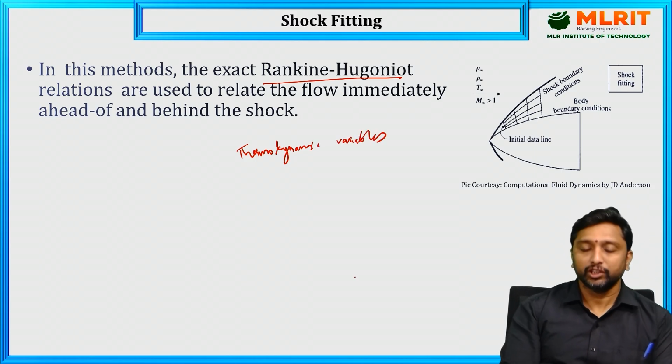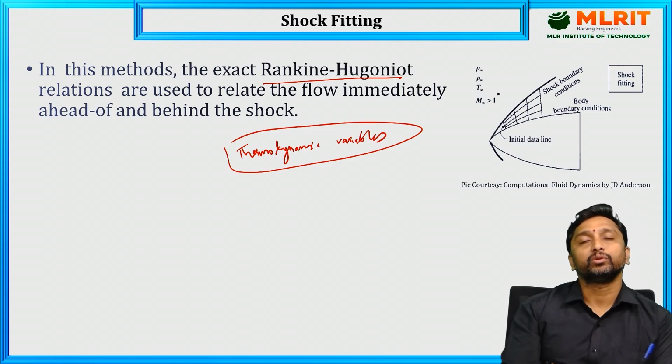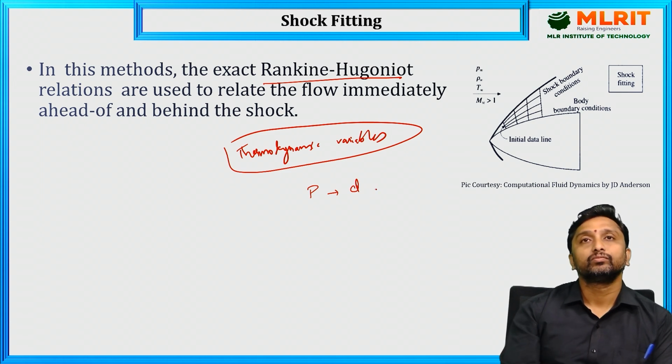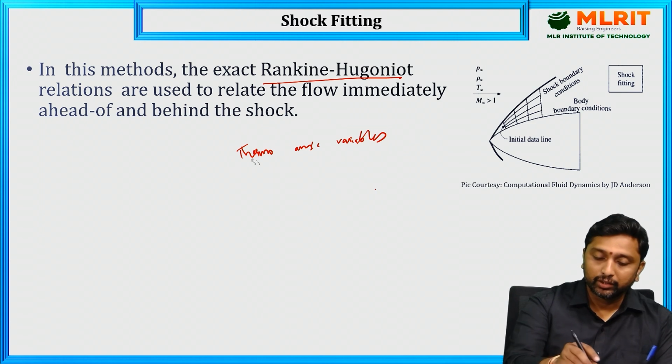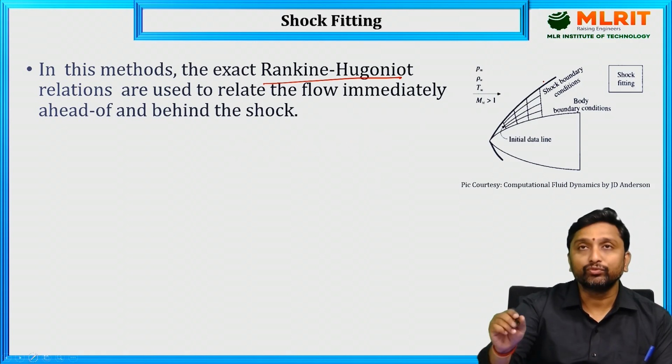The Rankine-Hugoniot equation is purely in the form of thermodynamic variables, that is pressure, density, and so on. Because of that, there is an additional equation added. So using that equation, the shock is first calculated.